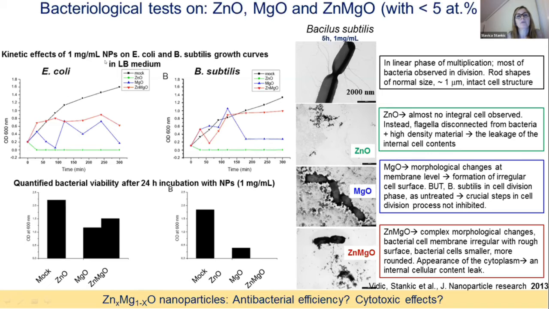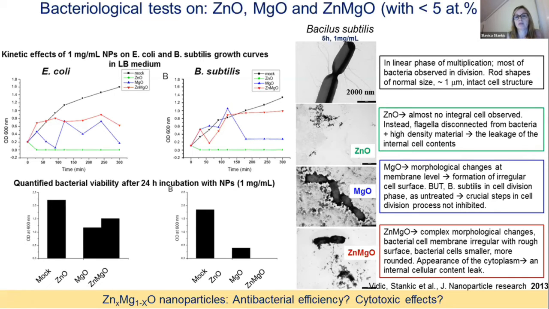We incubated those bacteria with 1 milligram per 1 milliliter of 3 different oxides: the 2 parent oxides, magnesium oxide and zinc oxide, as well as the zinc magnesium oxide. We followed the growth curves of the 2 bacteria.